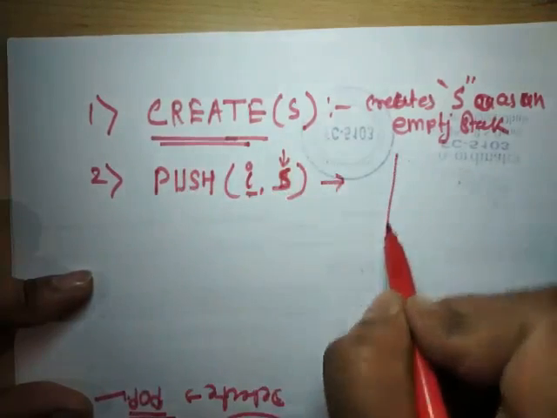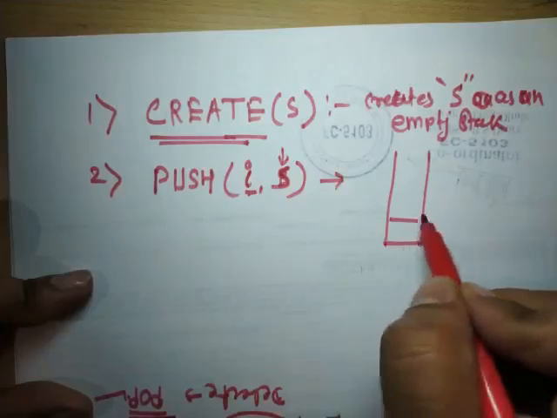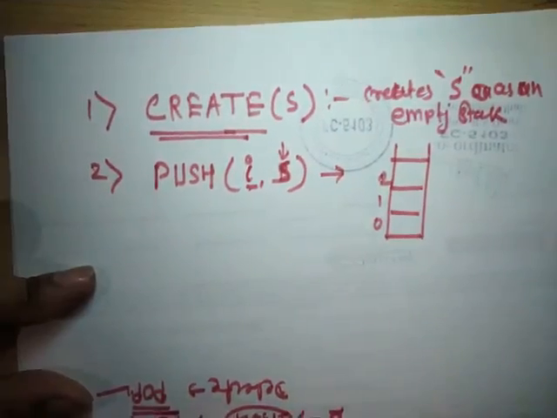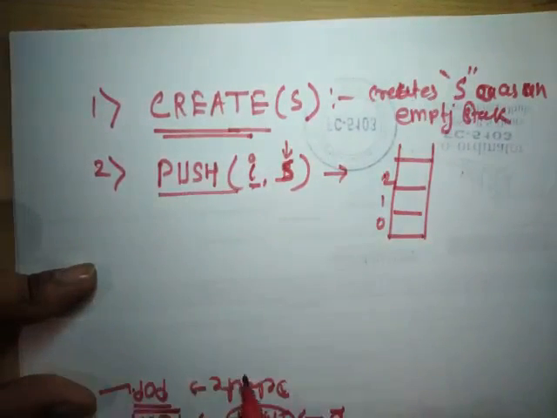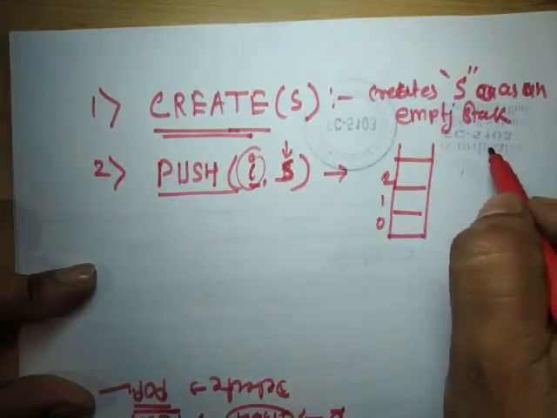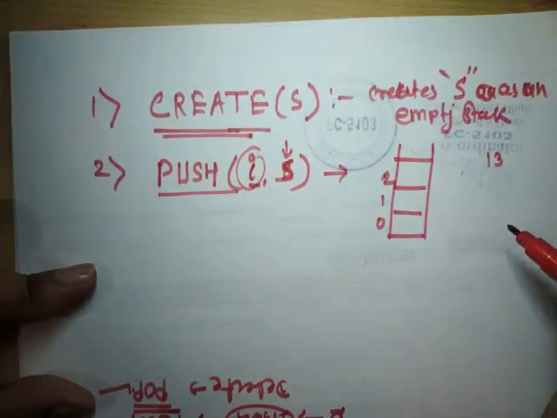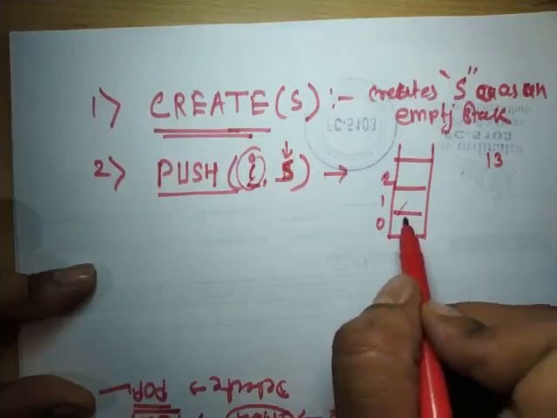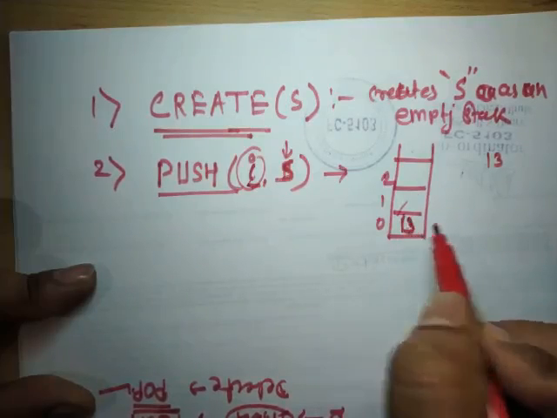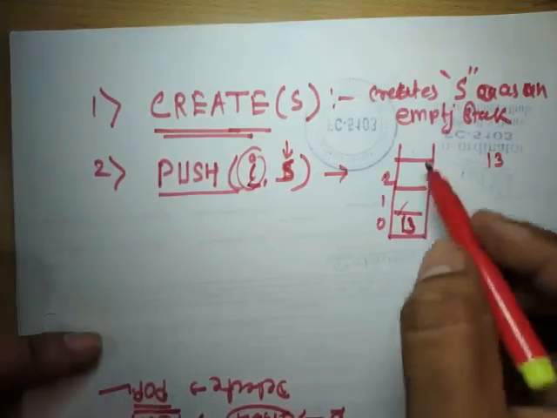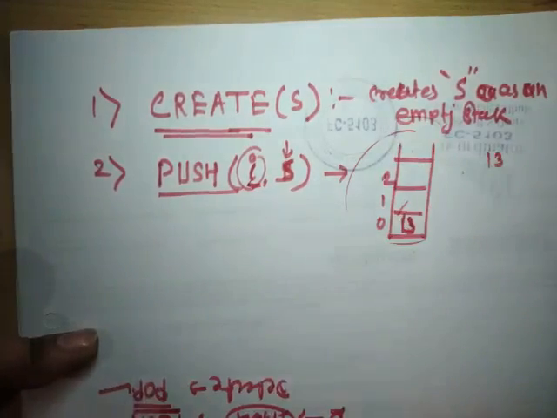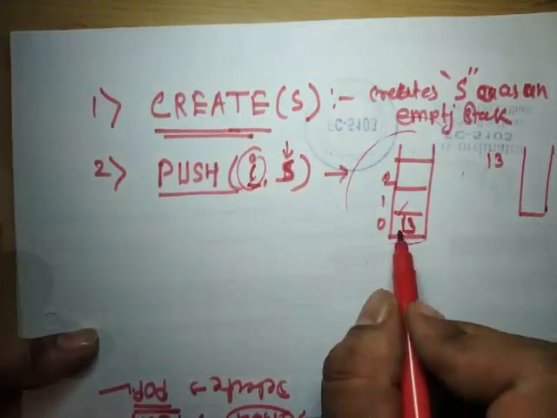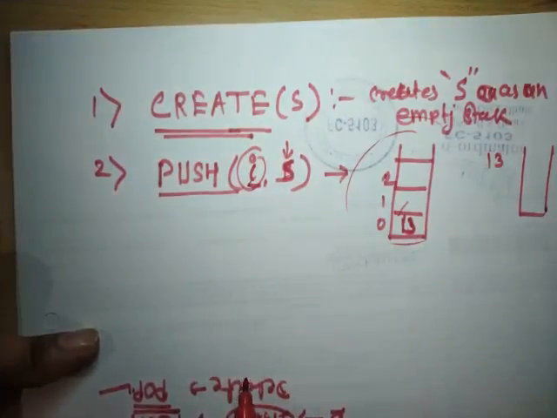Suppose the create operation creates a stack. Initially this stack is empty. Now suppose we call a push operation with an element, say 13. That element is pushed onto the top of the stack, and the new stack returned by this push has one element, that is 13.